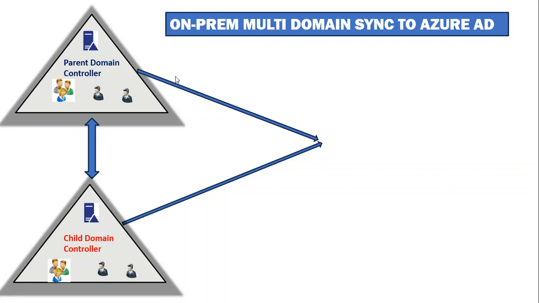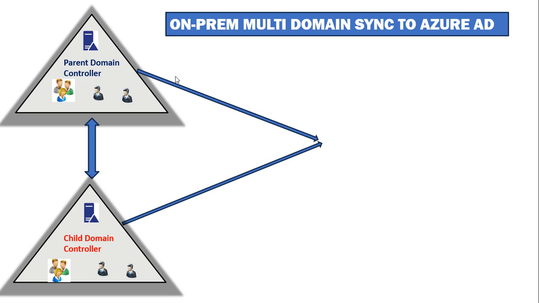This time I would like to discuss the case where we have a primary domain controller, a child domain and a free domain, and how to synchronize them and customize the synchronization. If you want to synchronize a particular domain controller or particular OUs, how to select them and synchronize them, that is the topic today.